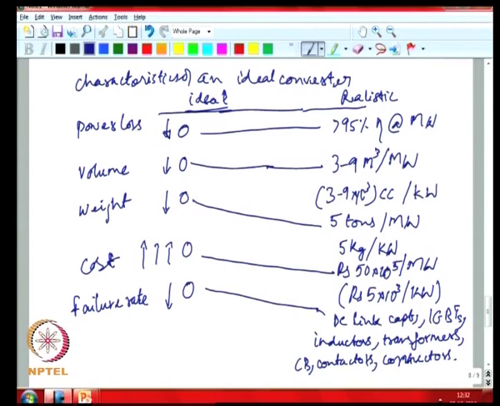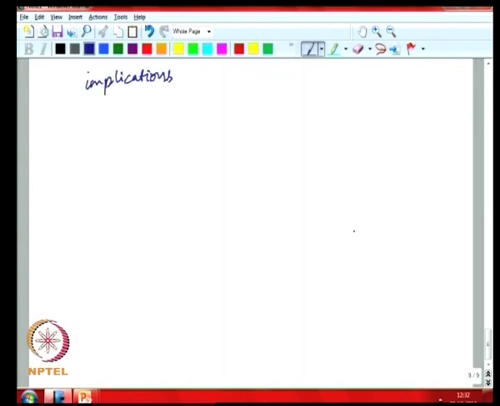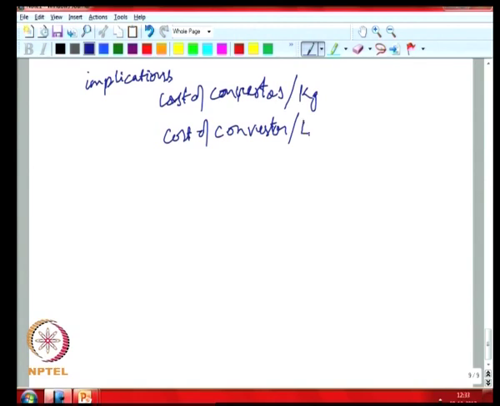So next we will look at making use of some of these characteristics in deciding to look at it from an effective initial cost perspective.